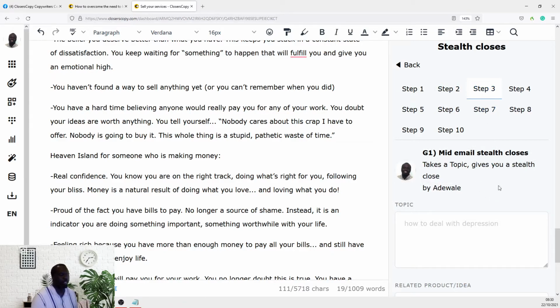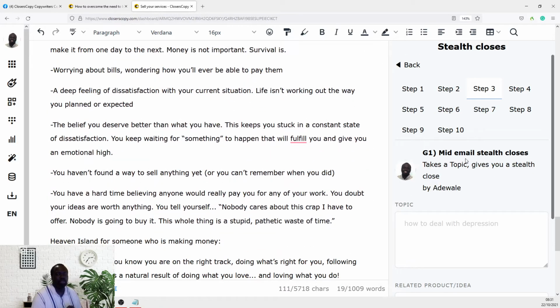These stealth closes are the things that will tell people, oh, you find this product interesting, or did you know that there's this problem in this area? This may be something you have not considered yet, but check out this video for more information on how you can deal with this problem. And that's all linking back to your product. So the stealth closes are things that link to your product.